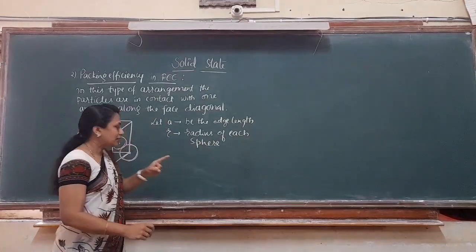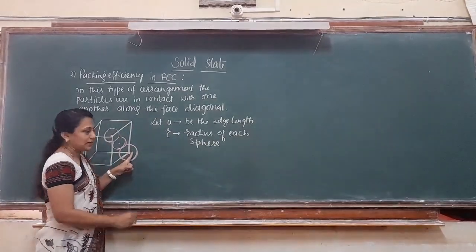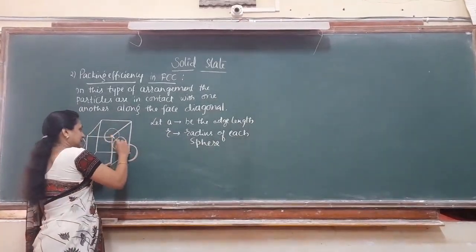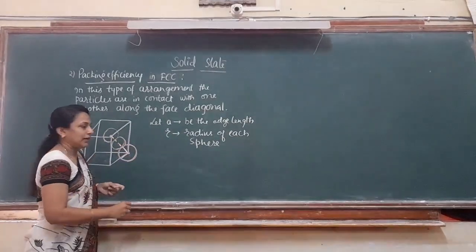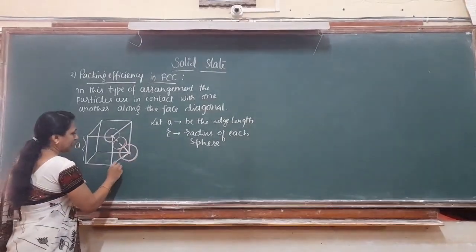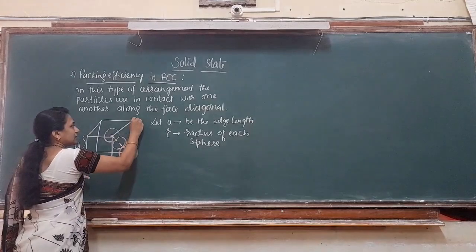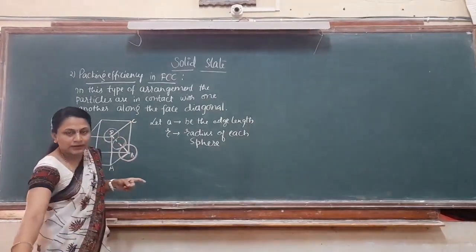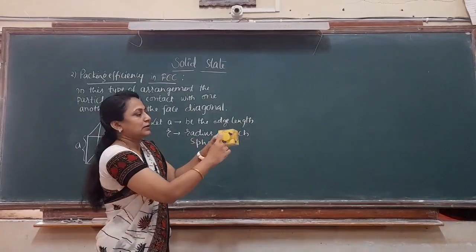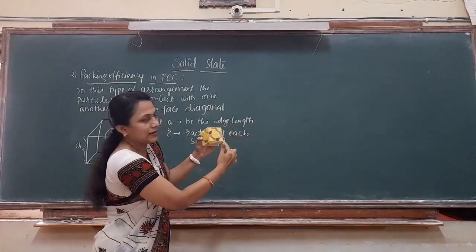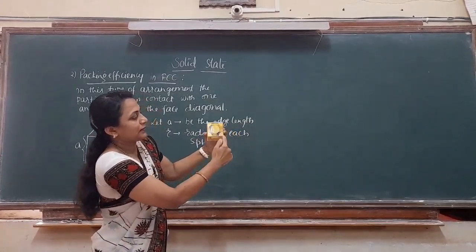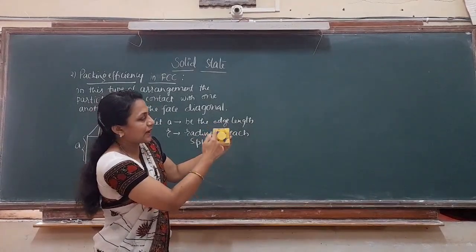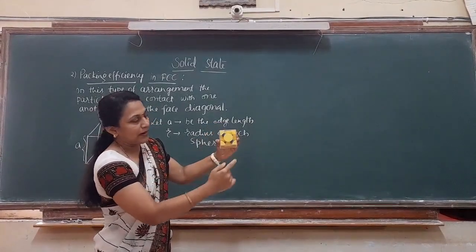Now let me join the centers of these three spheres, and let us call this A, this B, this C, and D. Consider this face. This is the front face and this is the side face. Here there are three spheres and they are in contact with one another.